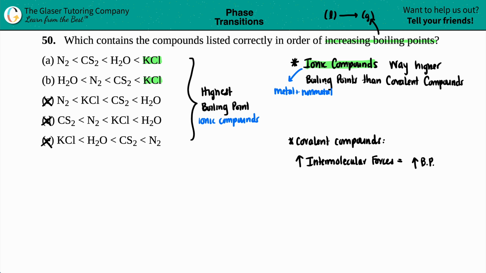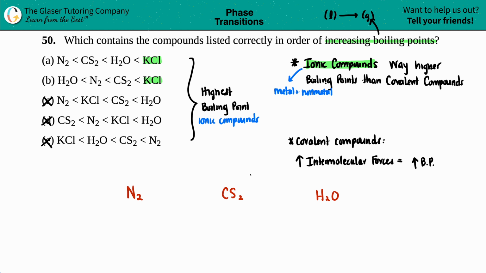So on a list of N2, CS2, and H2O, let's just list them out. Now we can draw the Lewis structure, and if you want to, pause the video to see if your Lewis structure matches mine.